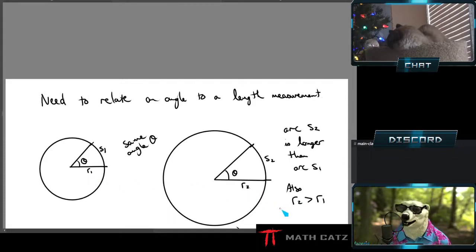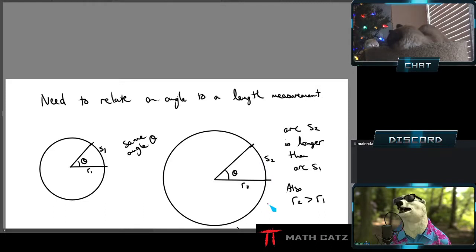So it's not quite as simple, but there's certainly a link between the angle and these other length measurements: the arc that it spans, as well as the radius of the circle that I'm walking on. These three things have a relationship.